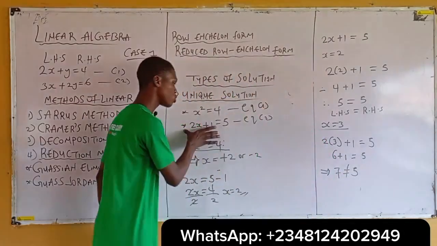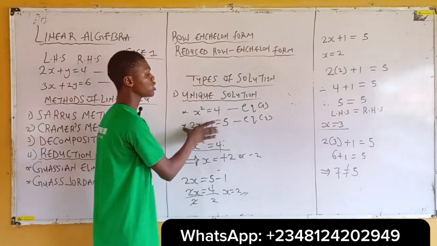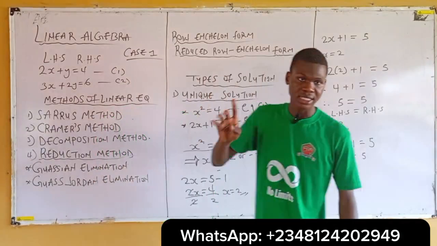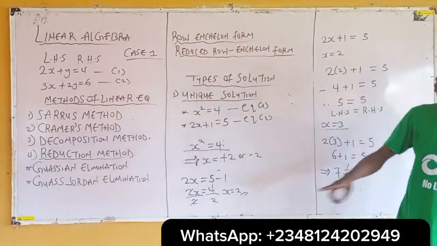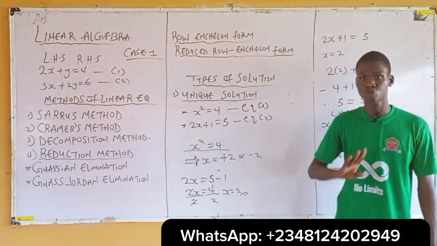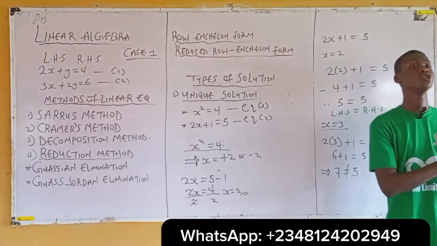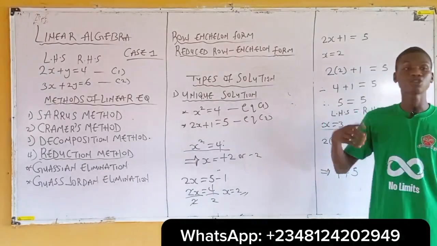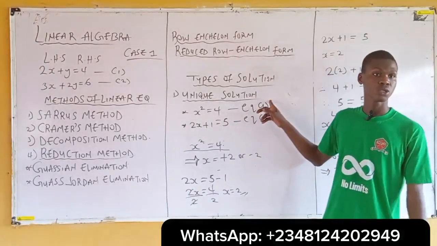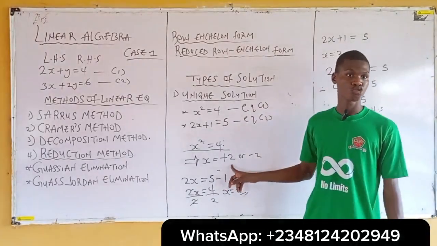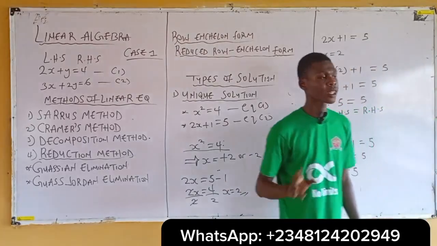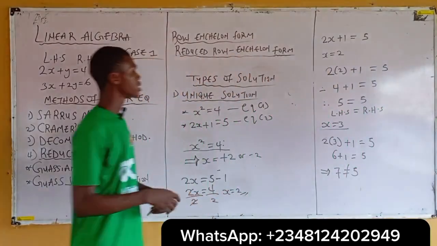Meaning for this equation to be satisfied, the value of the unknown variable that will satisfy this equation is 2. And that's what it means by unique solution. Comparing to the first equation, you have more than one value of x that will satisfy it: the first one was plus 2 and the second one was negative 2. That's what unique solution means. Now, many solutions. The next one.